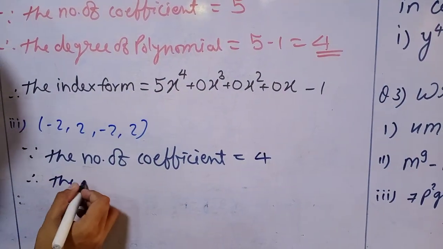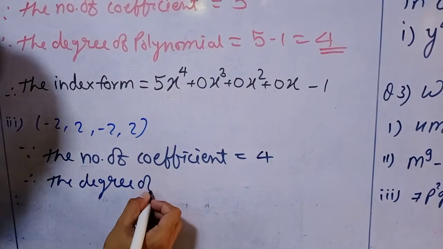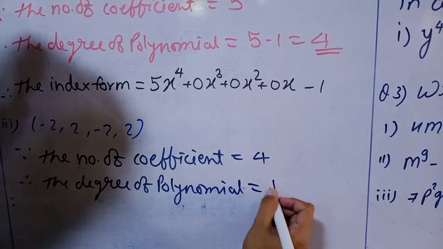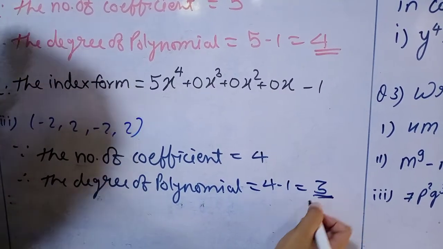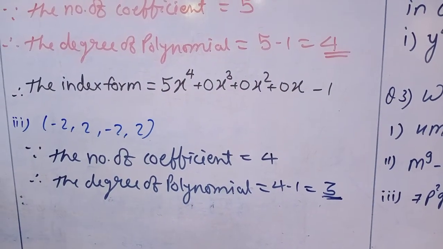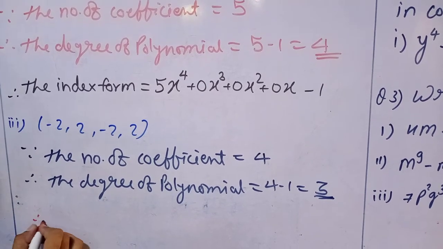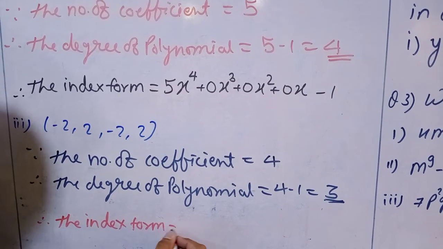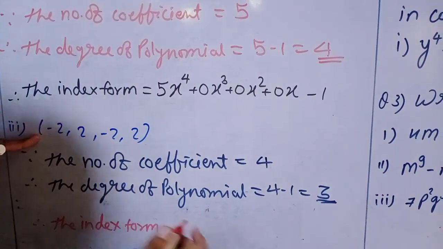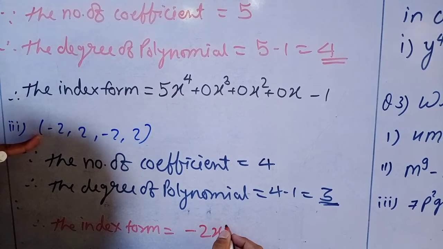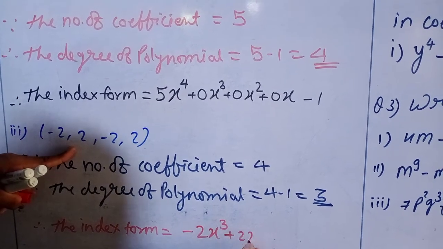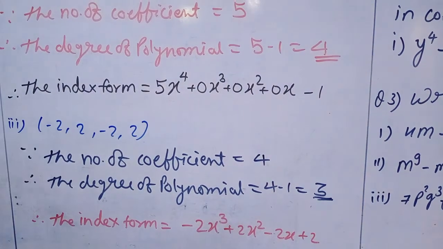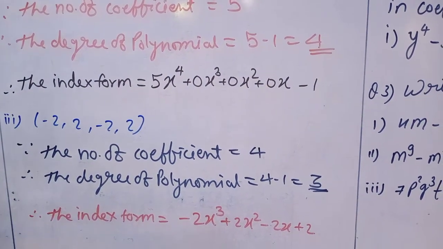Therefore the degree of polynomial is equal to 4 minus 1, that is 3. So therefore the index form is equal to, we have to write from here, so minus 2x raised to 3 plus 2x square minus 2x plus 2. So this way we can write the index form.